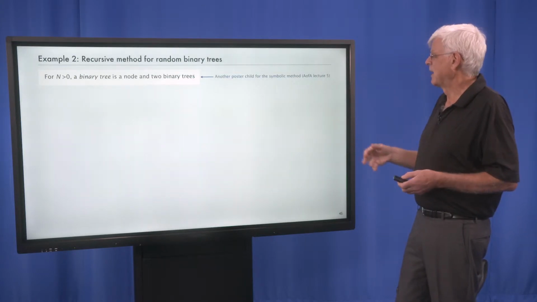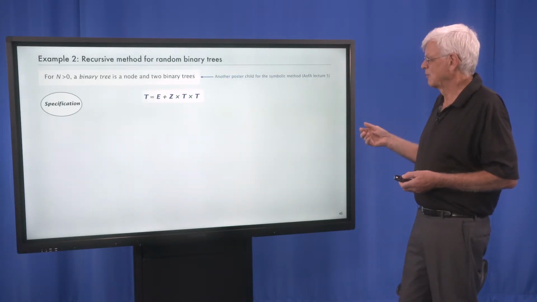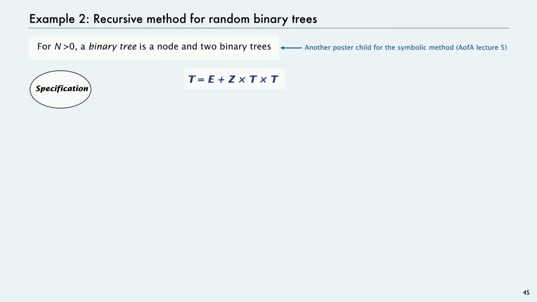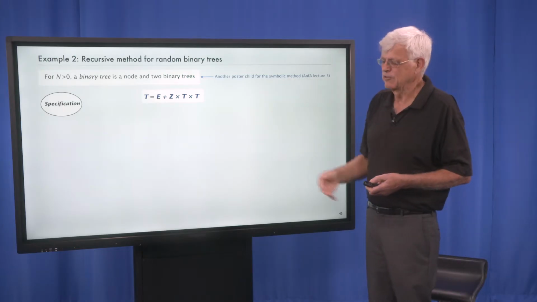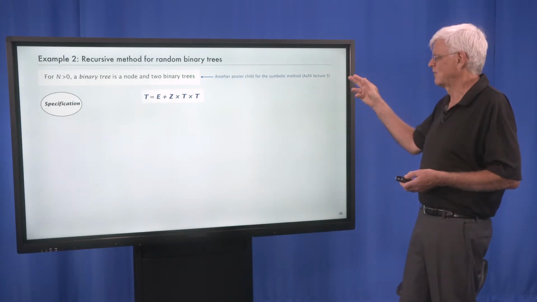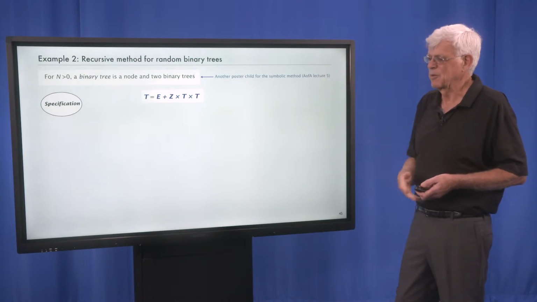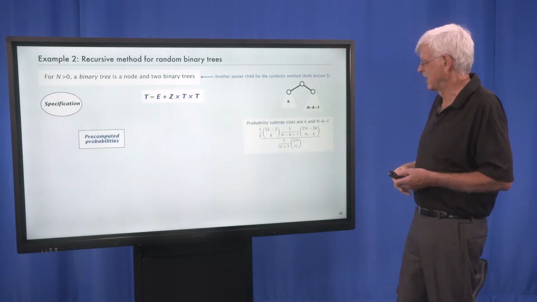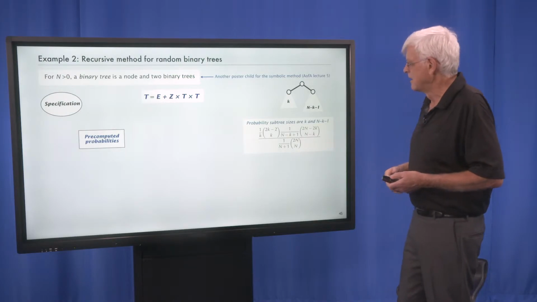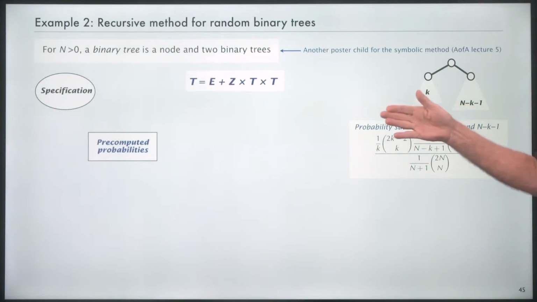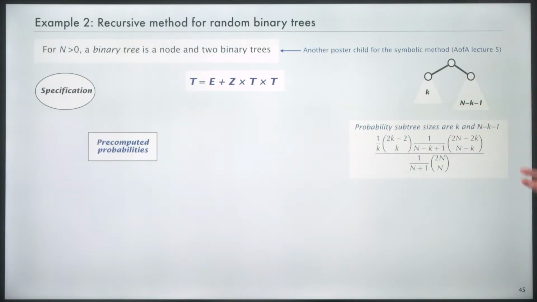So we can do it for binary trees. That's the example that we talked about before, and I'll just go through the same process again. We talked about it in terms of the symbolic method in analysis of algorithms, and we also talked about generating random trees in that online lecture. In this case, the pre-computed probabilities are a lot more complicated.